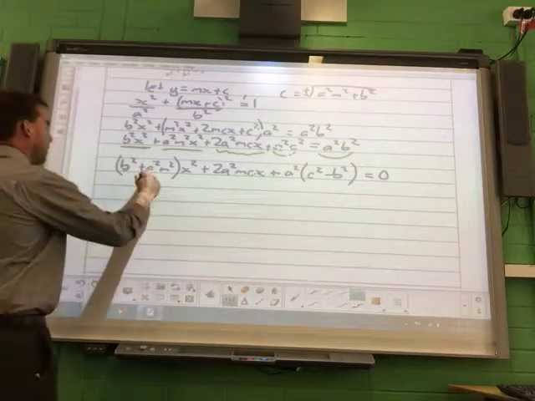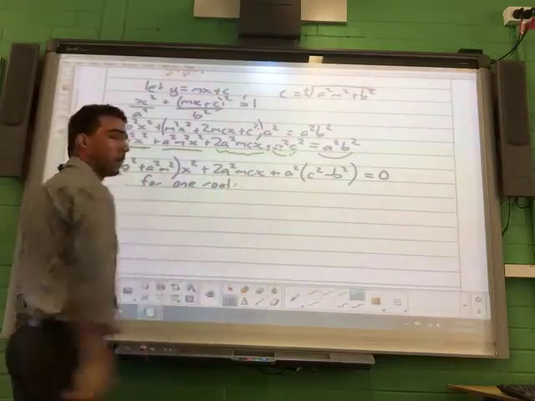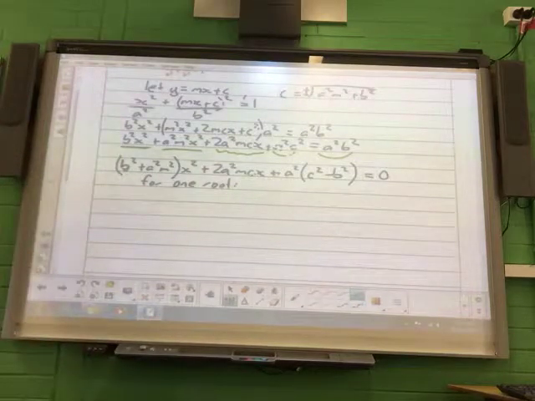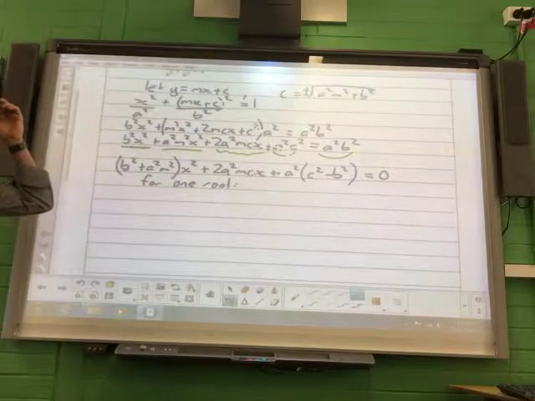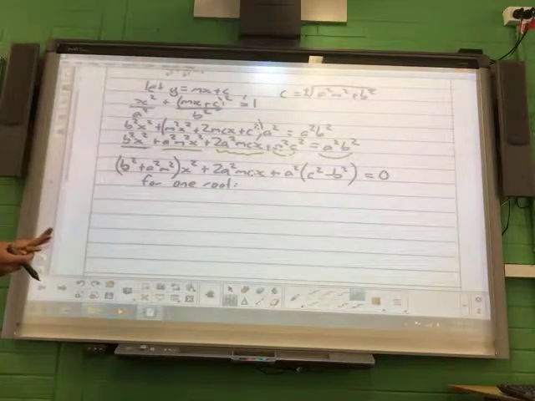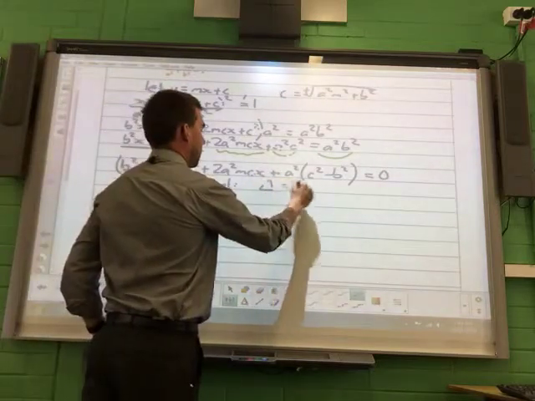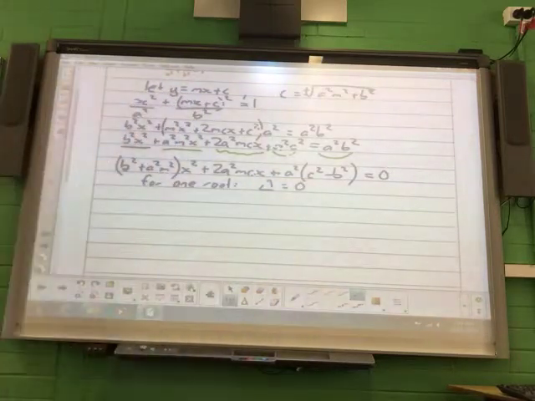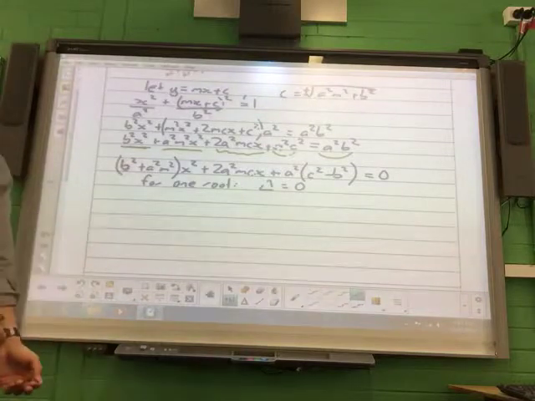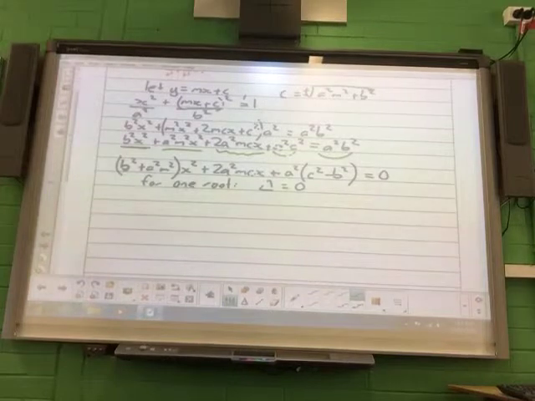So for one root, we're going back to your quadratic functions in mathematics. So for one root or two equal roots, what's the condition? The discriminant equal to 0 will give us two equal roots, or one unique root.